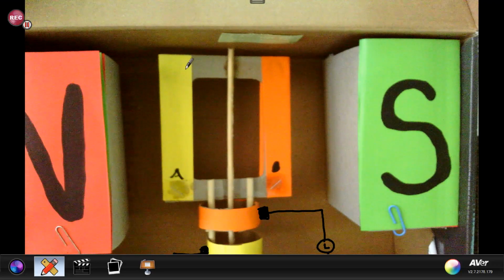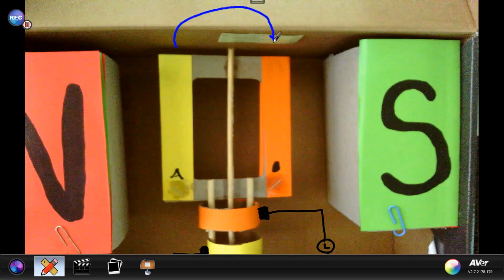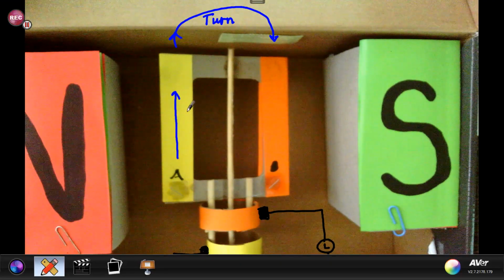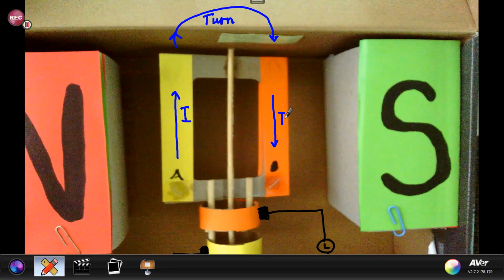So if we turn the coil clockwise, what's going to happen? This is the turn. What's going to happen to the current here in A? It's going to flow in that direction. What's going to happen to the current in B? It's going to flow in this direction.